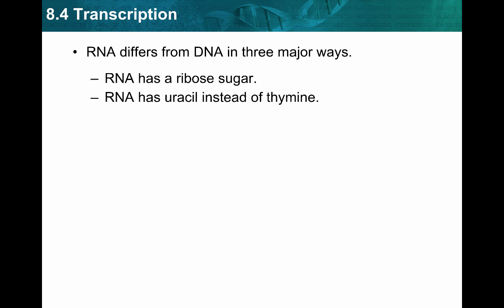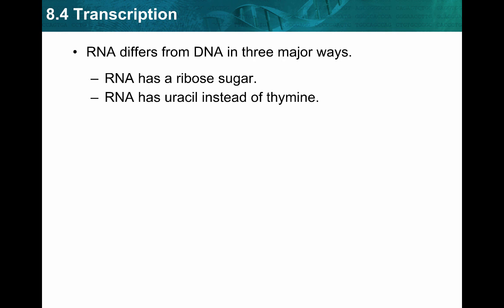So when you're copying RNA from DNA, remember we always use complementary base pairing. Let's say the code on DNA is AAA. If we're going to complementary base pair, we would say TTT should pair to that. But if we're making RNA, there is no thymine.